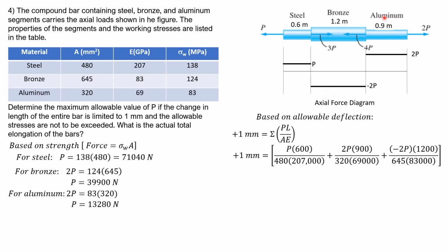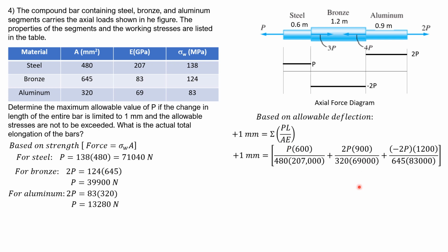Then for the aluminum, it is positive 2P, the force. The length is 900 mm. Then the area is 320, modulus of elasticity 69,000 megapascals, so that it is consistent with the unit in mm. Then plus for bronze, which is in compression, so negative 2P, the length is 1,200 mm divided by area 645, then modulus of elasticity is 83,000 megapascals.